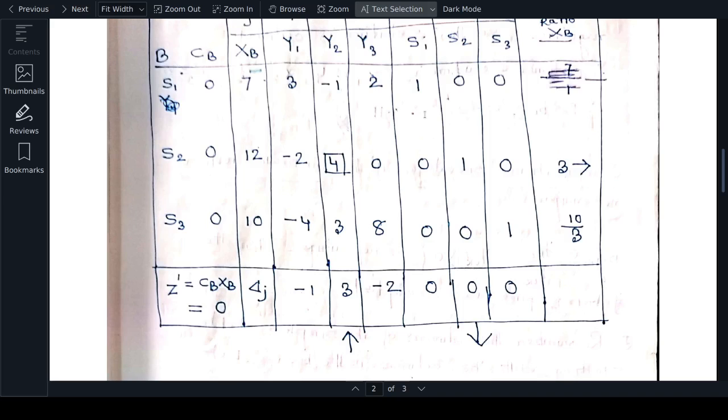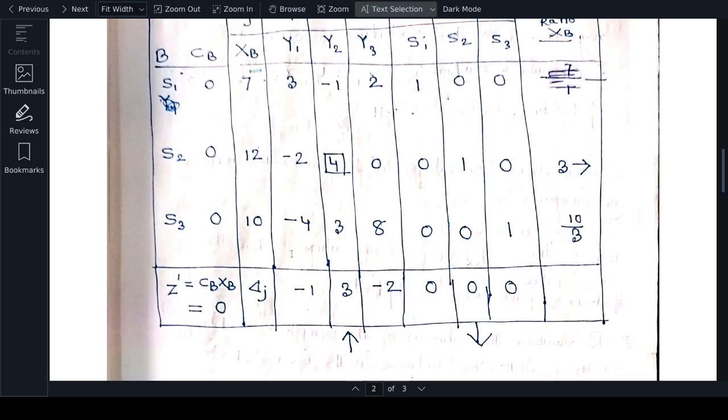Next, minus 4, how to calculate? Minus 4 minus 3 into minus 2 divided by 4.